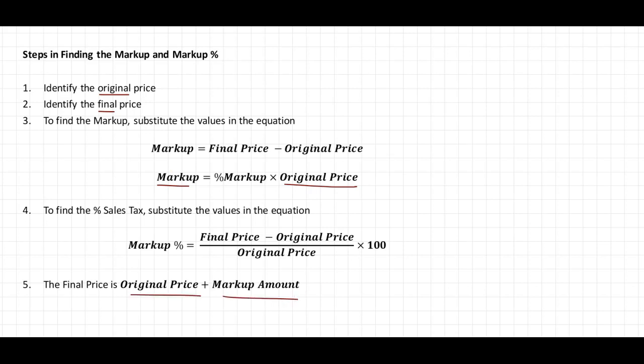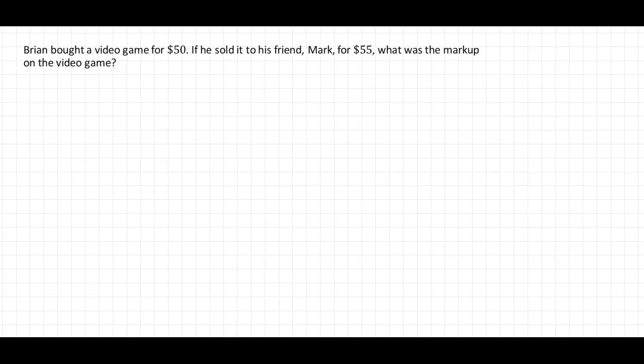Let's go ahead and walk through some examples. All of this will make some sense then. So Brian bought a video game for $50. So we can see the original price here. And sold it to his friend Mark for $55. So this is the final price. What was the markup?